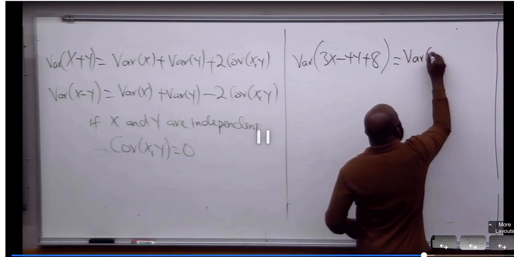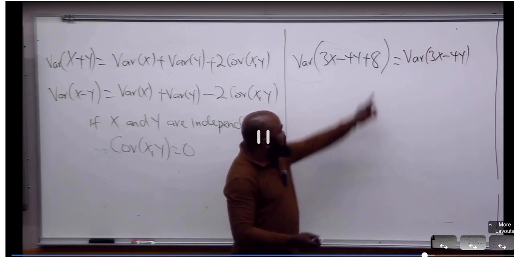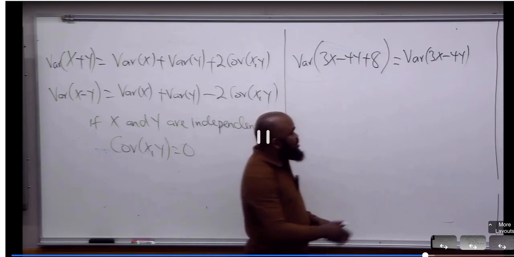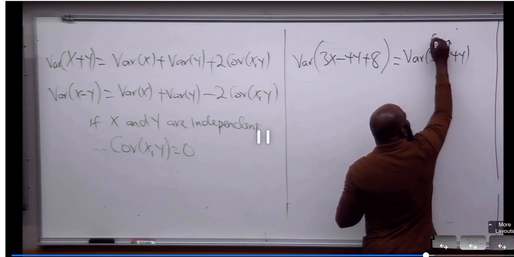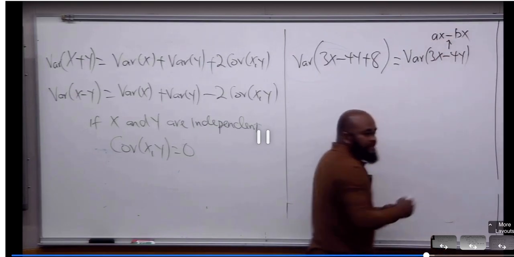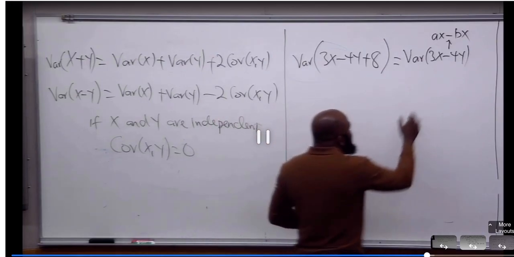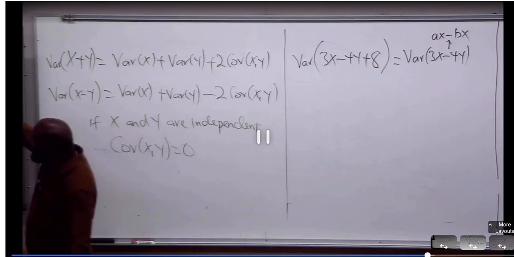This is the same thing as this, because this is a constant, right? So I can also rewrite that as that. Now, this is similar to having aX minus bY, where a and b are constants.